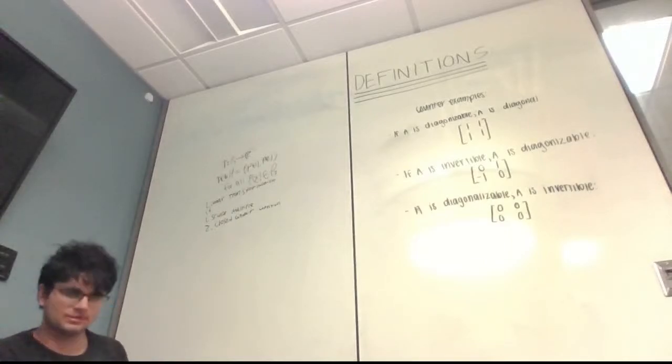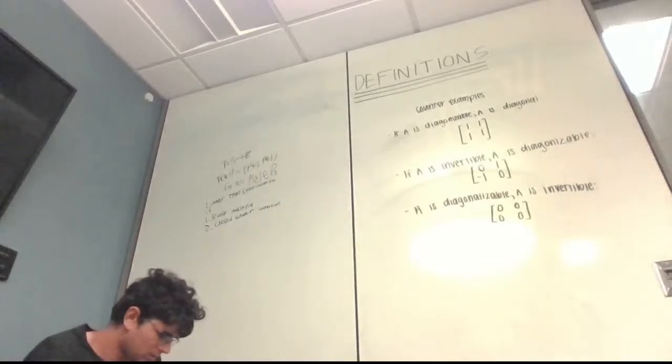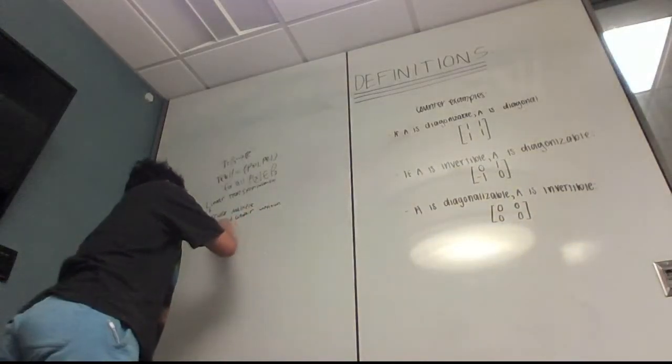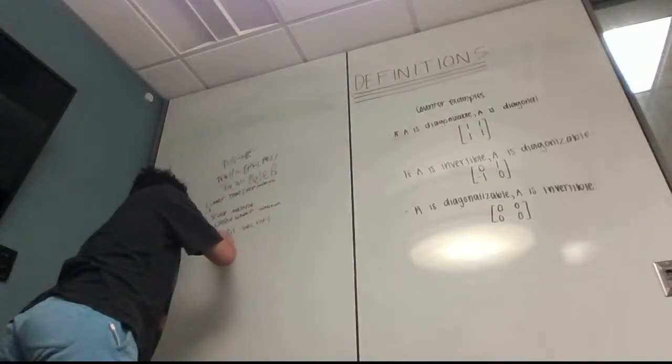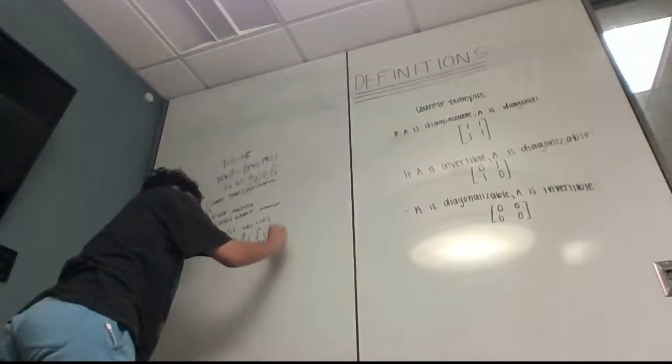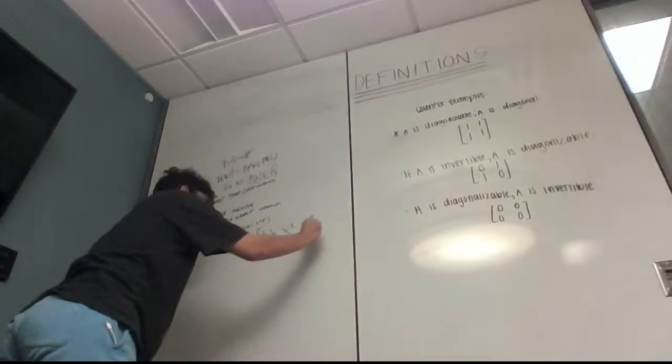So the polynomial set P3 has the following basis of vectors: 1, x, x squared, x cubed.